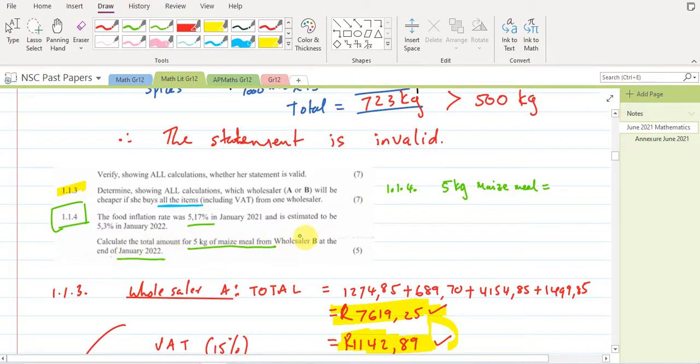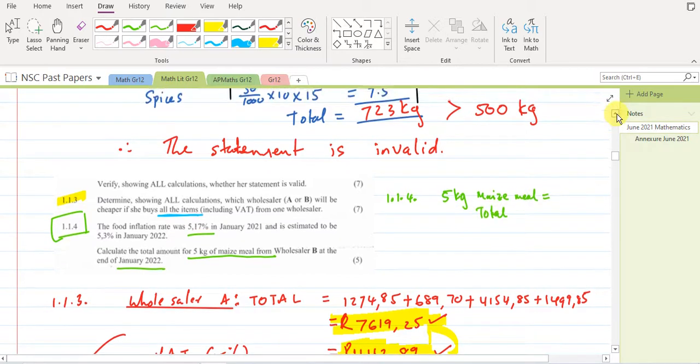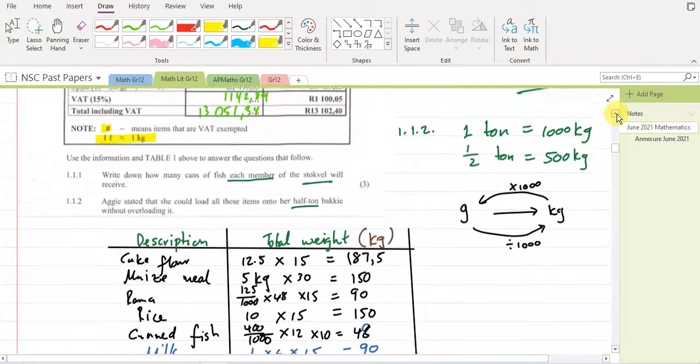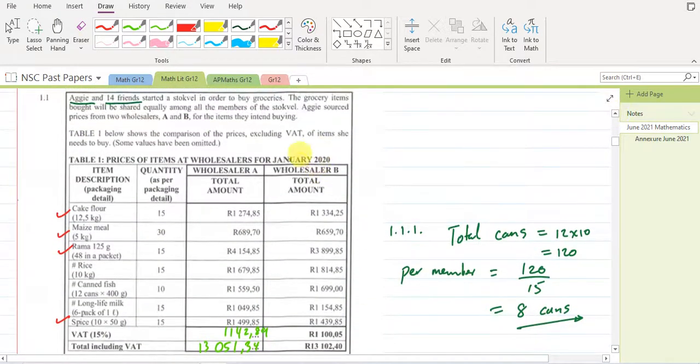Remember, the time over here is January 2020.